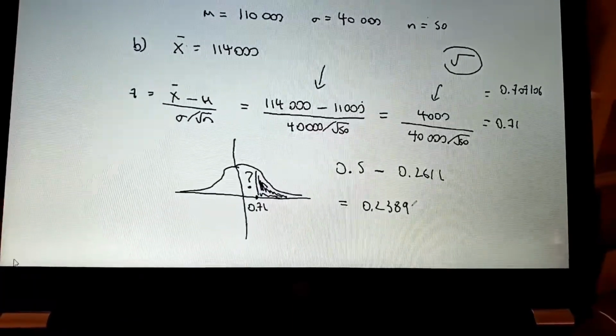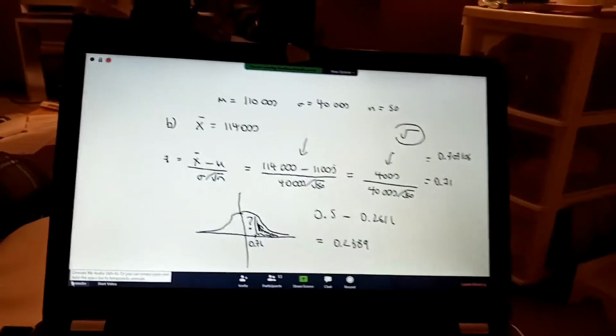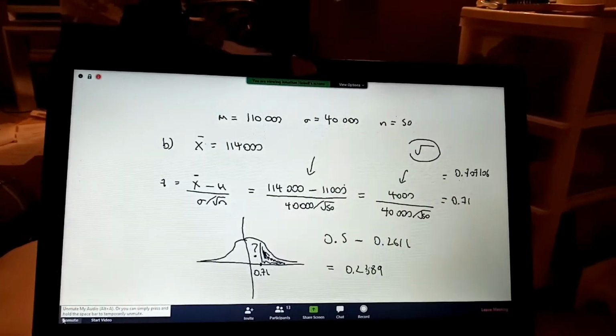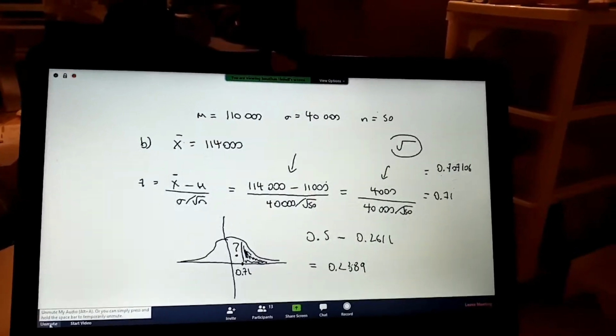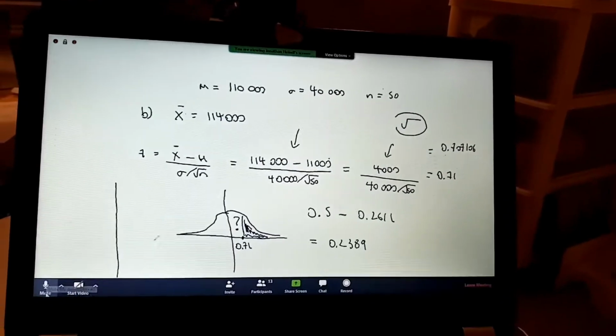So that is your answer in this case. So the shaded part is 0.2389 or 23.89%.